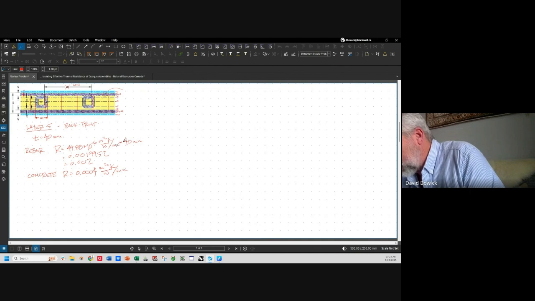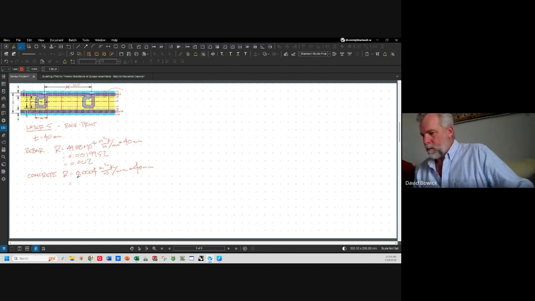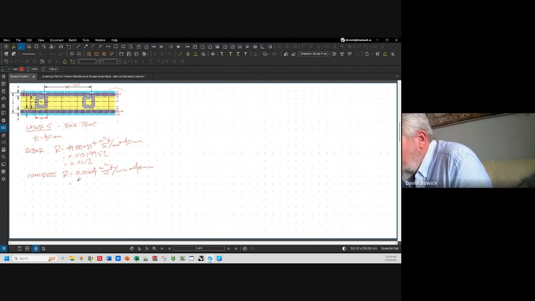Oops, that's per millimeter, times 40 millimeters. Equals 0.016 meters squared degree Kelvin per watt.